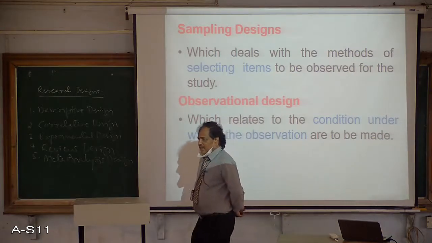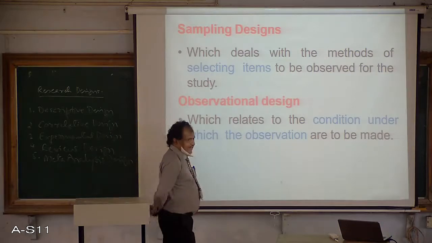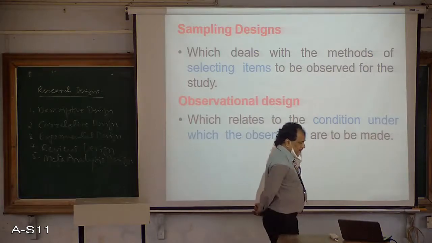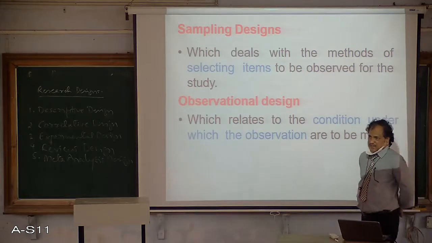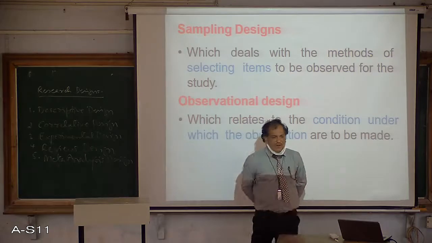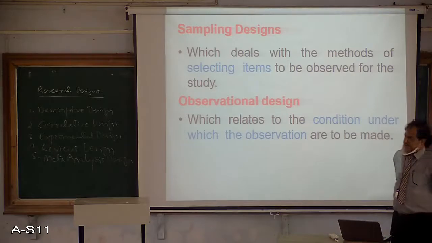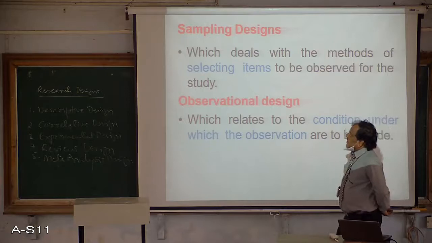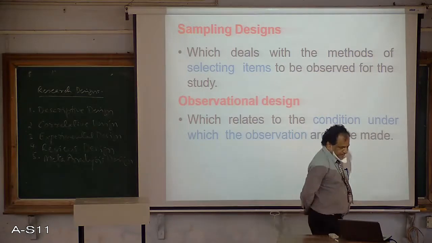And in the entire given data set, which samples are to be selected, why these samples only have to be selected, and why you are ignoring the other samples. If you are doing that kind of analysis, and your research design method is helping you in selecting items to be observed for the study, then that kind of research design is called the sampling design.